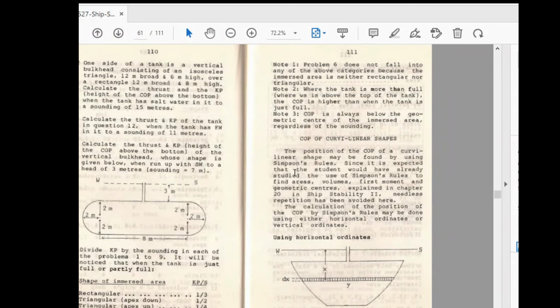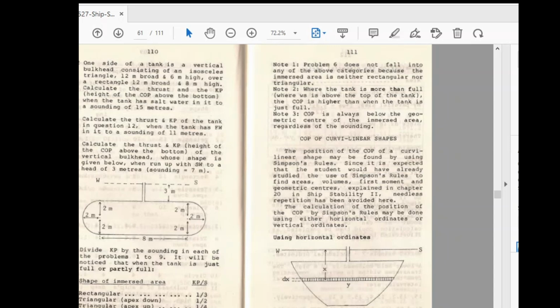We have to calculate the thrust and the KP, so हमें thrust निकालना है और KP निकालना है, when the tank is full of salt water to a sounding of 15 meter. Sounding of 15 meter का क्या मतलब है?